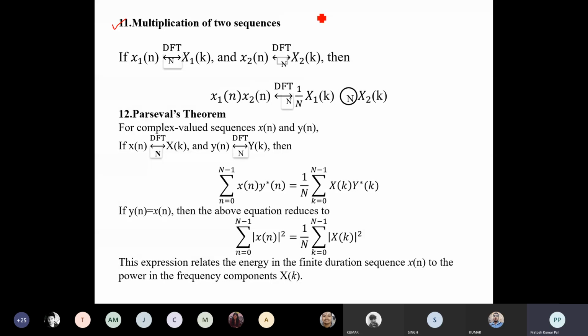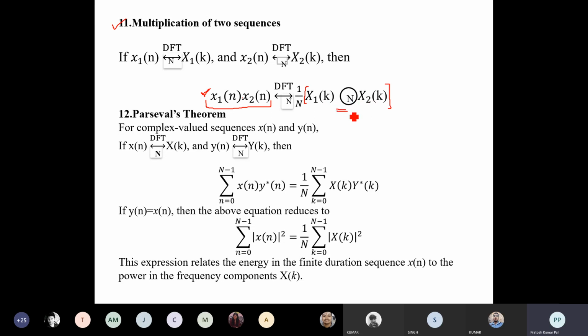Suppose two sequences x1 of n and x2 of n are there, and their DFTs are capital X1 of k and X2 of k. If these two sequences are multiplied, then the DFT of the multiplied signal will be equal to 1 upon n times the circular convolution of the individual DFTs, X1 of k and X2 of k. So whatever sequence is generated after multiplication, its DFT will be given by 1 upon n times the circular convolution of the individual DFTs.